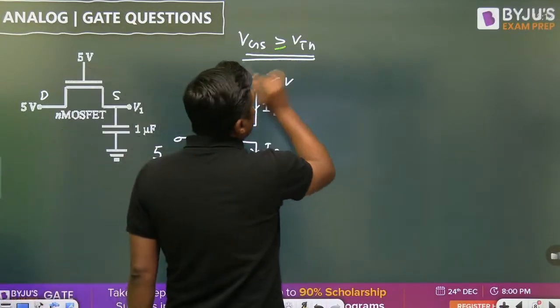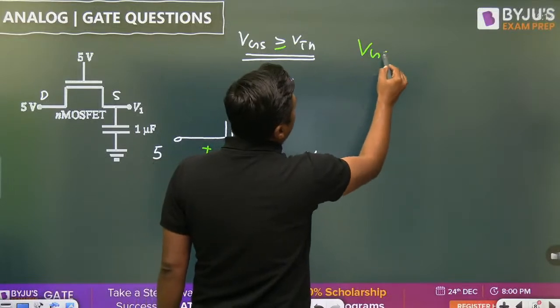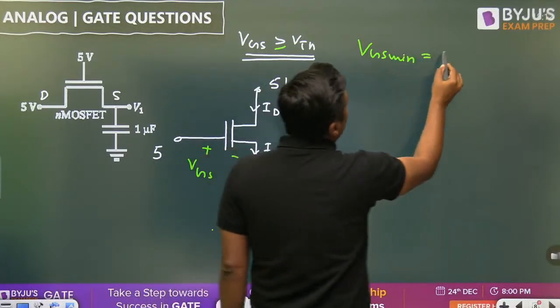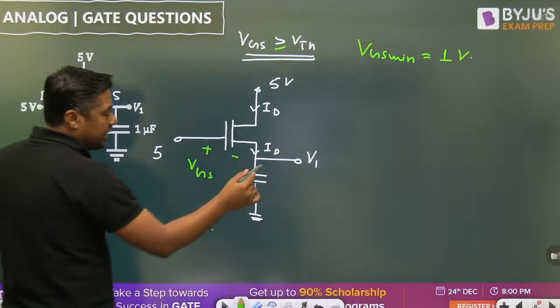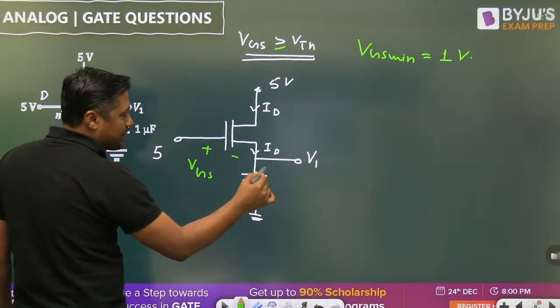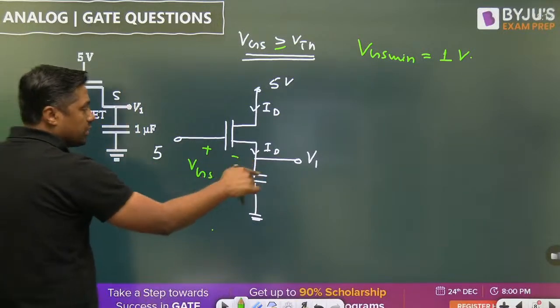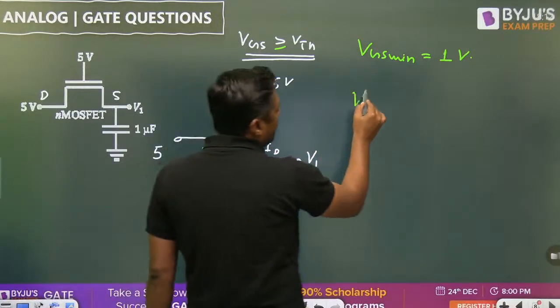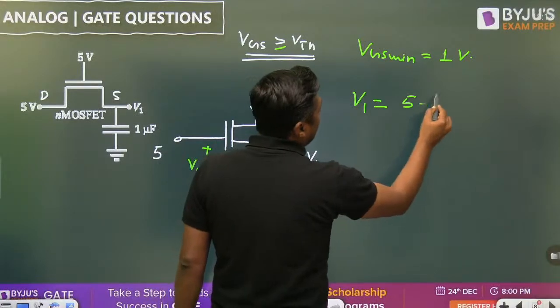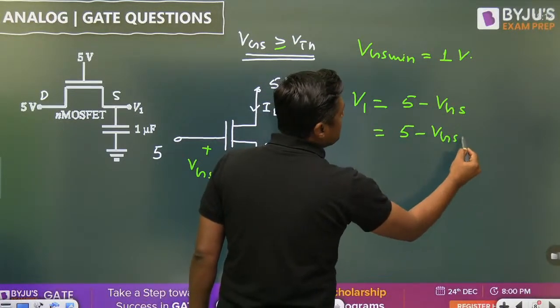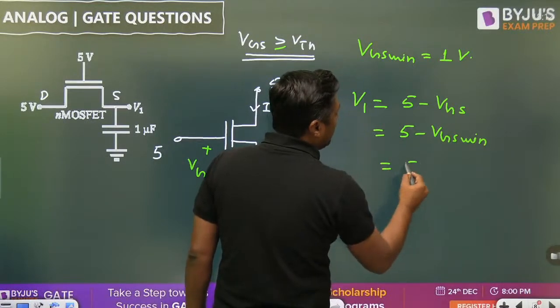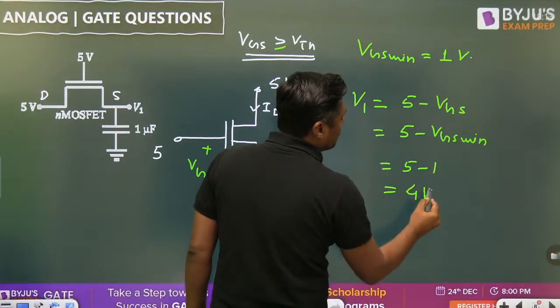VGS should be greater than or equal to VTH, so what is the minimum value of VGS? 1 volt. So when VGS is minimum, we are getting the maximum voltage across the capacitor, right? Why? Because V1 is equal to 5 minus VGS. 5 minus VGS minimum, 5 minus 1, that is equal to 4 volt.